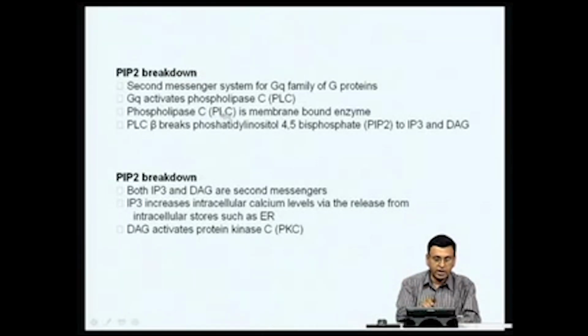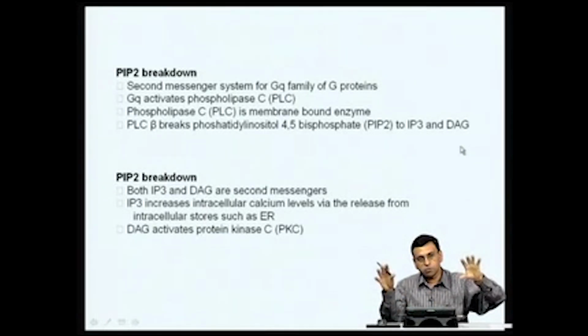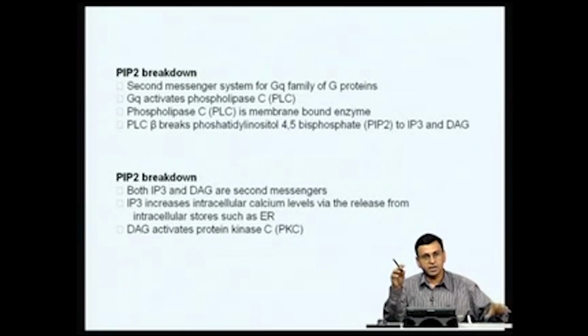So, GQ activates phospholipase C, and phospholipase C is a membrane-bound enzyme which breaks down phosphatidylinositol bisphosphate into inositol triphosphate and diacylglycerol. So, you can see there are two different kinds of G proteins. One kind, containing the GS subunit, interacts with adenylate cyclase, resulting in synthesis of cyclic AMP.